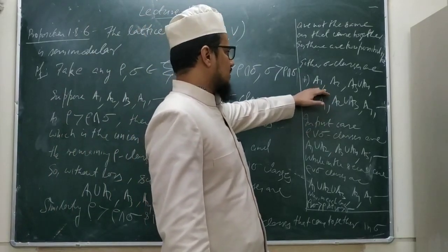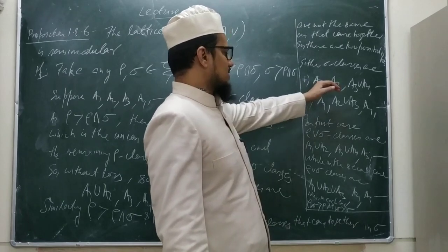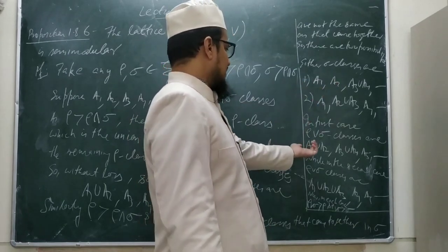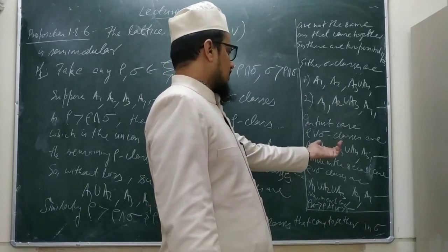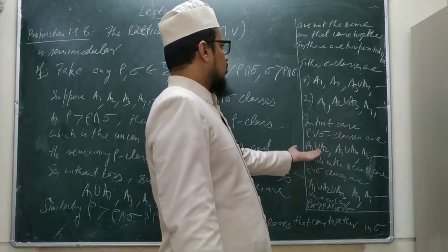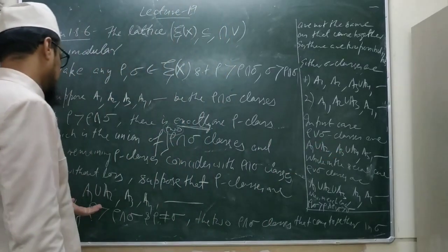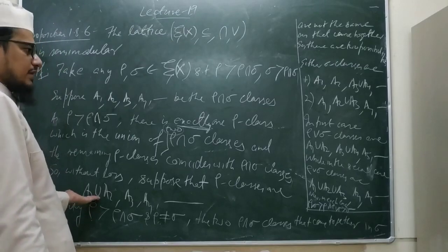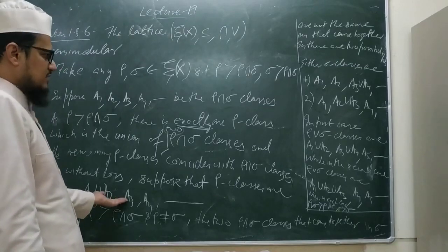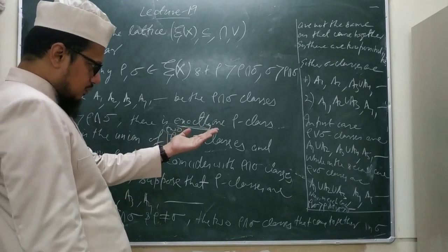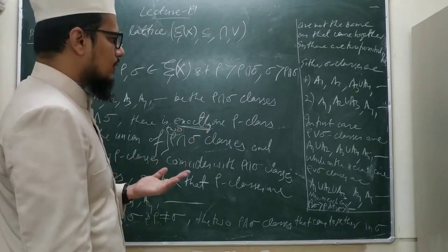If you talk about this possibility, that is, if sigma classes are like this, we can see easily that A1 union A2, A3 union A4, A5 will cover both rho as well as sigma. This is rho. It is covering here, because here it is A3, here A3 union A4. So it will cover this. Correct?